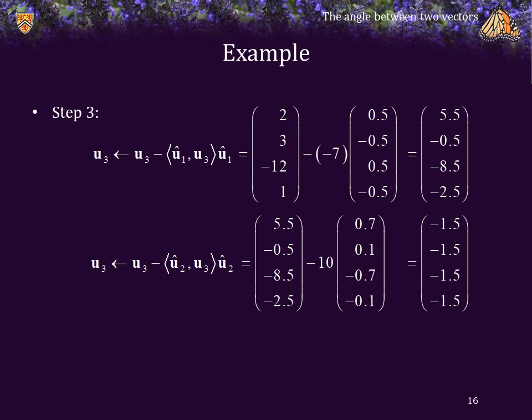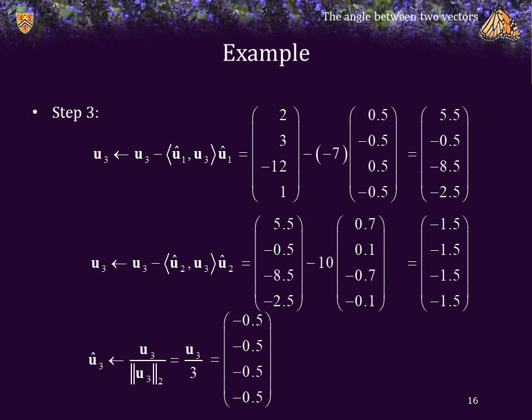Well, now all we do is divide this new u3 by the 2 norm of this new u3, which happens to be 3, and assign that to u3 cap. And this turns out to be the vector -0.5, -0.5, -0.5, -0.5.